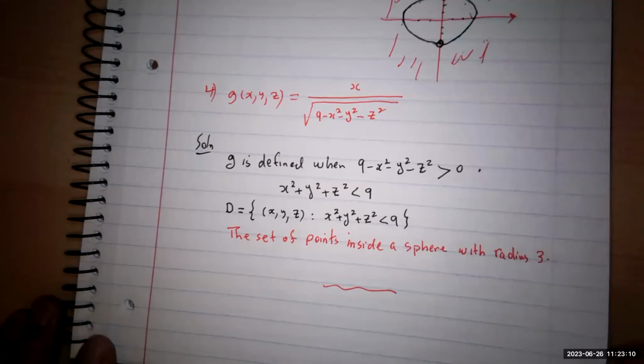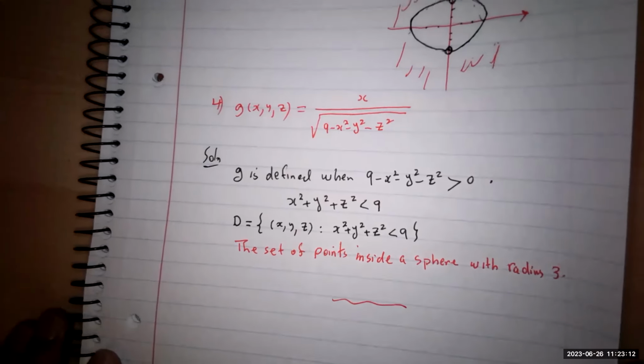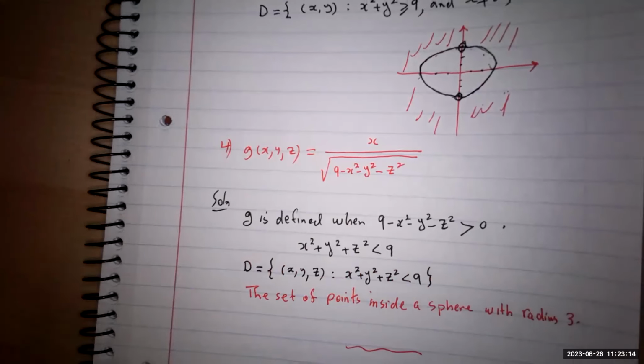So let's describe the graph of these functions. The question that would be given to you is to find the domain, the range, and the graph of the function. This is going to be one of those 6 questions that you're going to see in quiz number 2 at the end of the week.